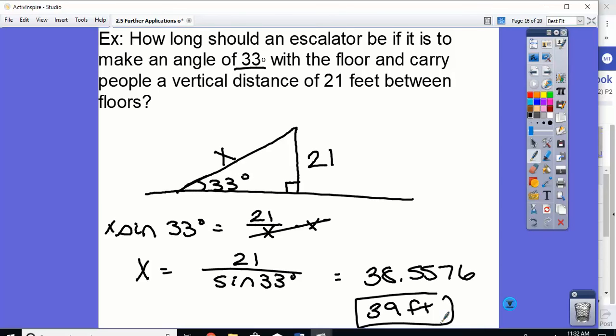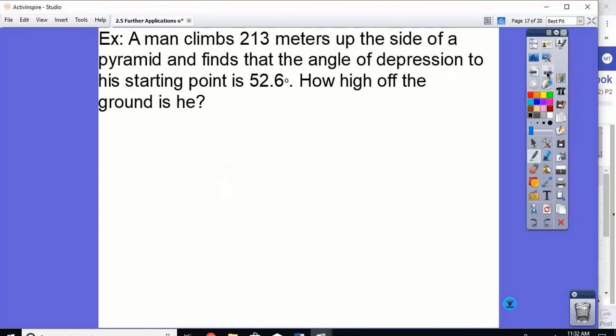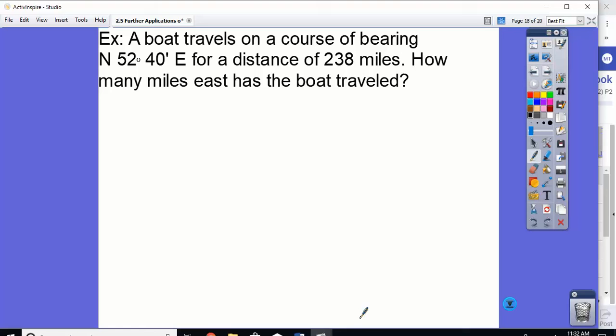Let's do one more bearing problem, and then I'll probably stop. I'm going to do this one. A boat travels on a course of bearing north 52 degrees 40 minutes east. So let's stop right there. I have a boat. So here's my starting point. If I'm going to talk about the bearing, what do I need at my starting point?